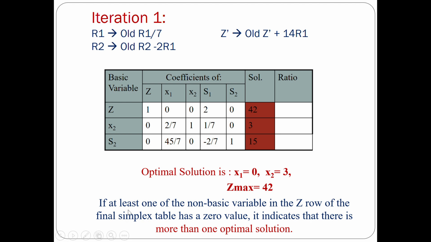So if at least one of the non-basic variables, meaning decision variables, in the z function row of the final simplex table has a 0 value, it indicates that there is more than one optimal solution. That means it has multiple optimum solutions. We have 0 for both the decision variables. Even if there is only one 0, that is an indication that more than one optimal solution exists. So this problem has multiple optimum solutions.